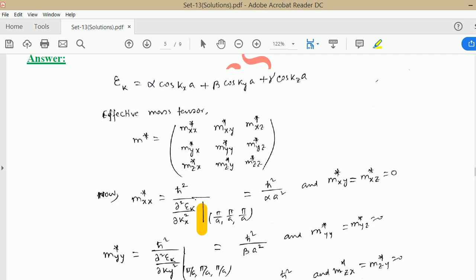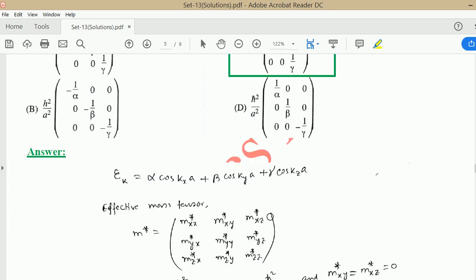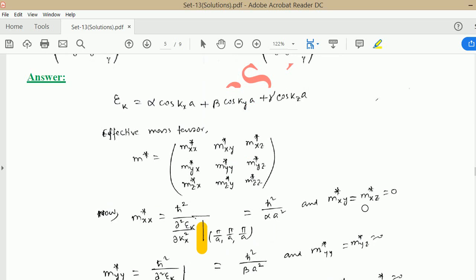If we calculate this, we will get h bar square by alpha a square, and m_xy star equals m_xz star equals 0 at pi by a, pi by a, pi by a, because those derivatives will produce sine terms, and sine pi is 0. That's why these two terms are 0. So the first row is completed.